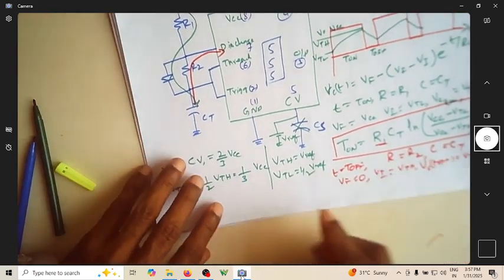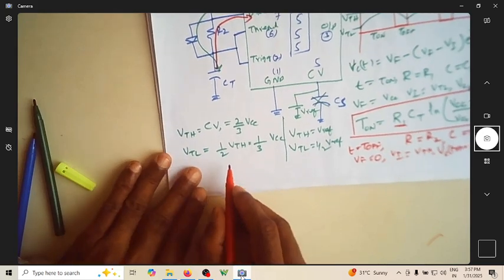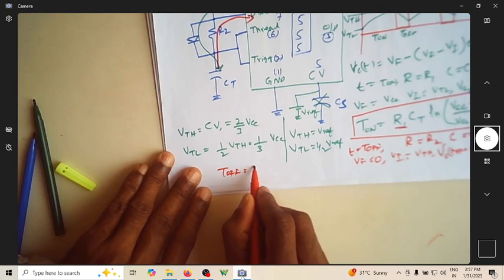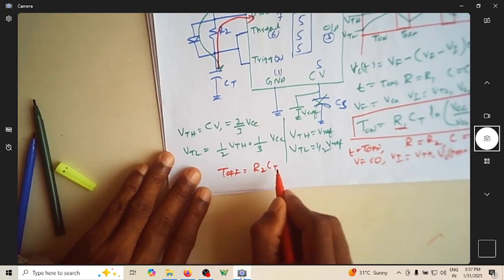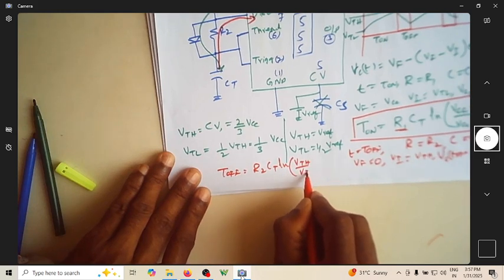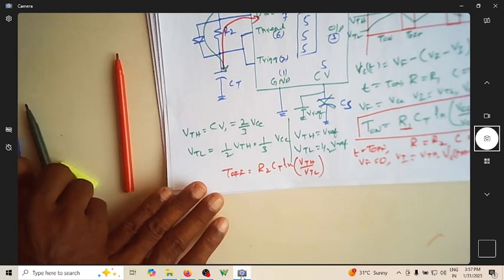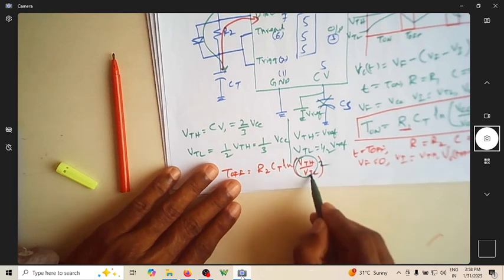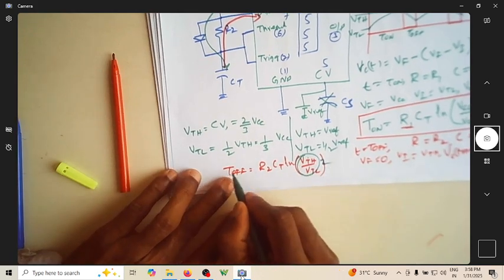Upon substituting all these things, you'll get the expression for T off. T off will be R2 CT ln of VTH by VTL. This will always be 2, because VTL is always half of VTH.